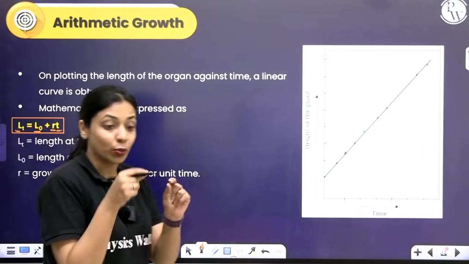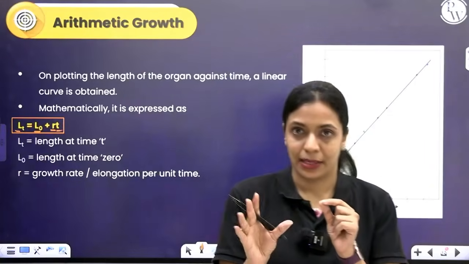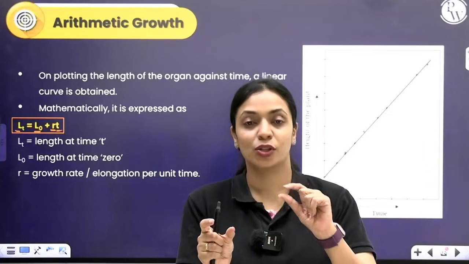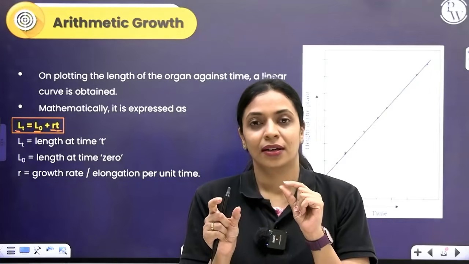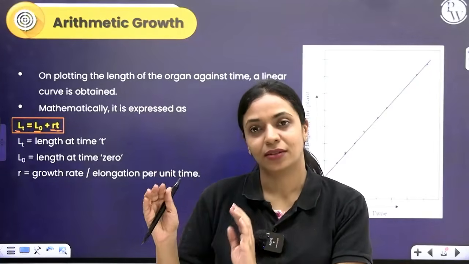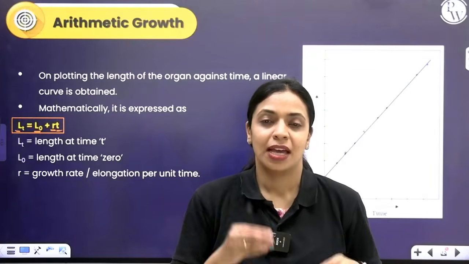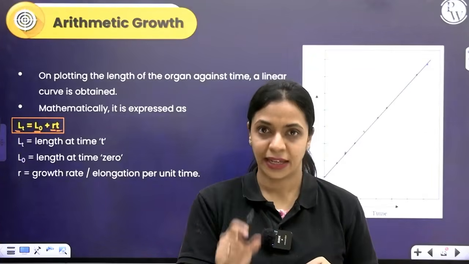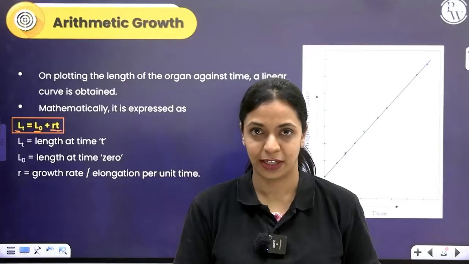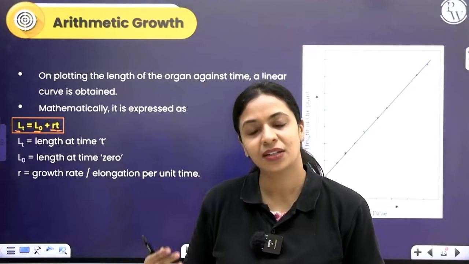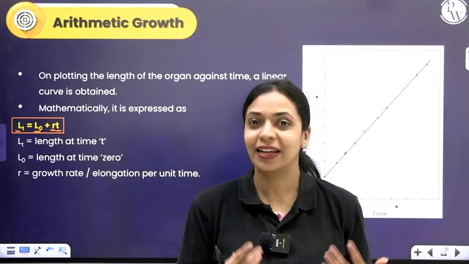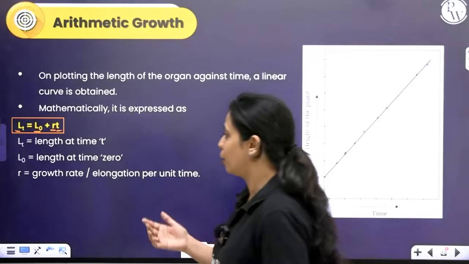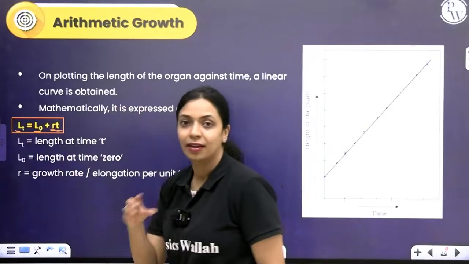If the growth rate with respect to time is, say, an increase of 2 millimeters per second, then you will get one final length. If it's increasing 4 millimeters per second, then you'll get a different final length. It will be much higher. So how quickly growth is happening determines how the final length changes.